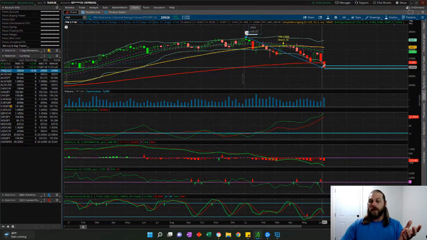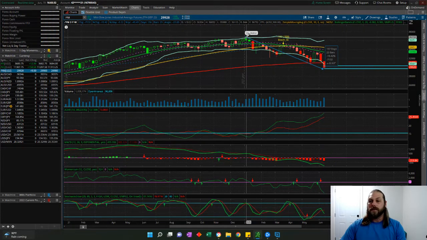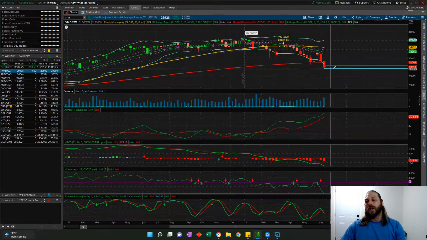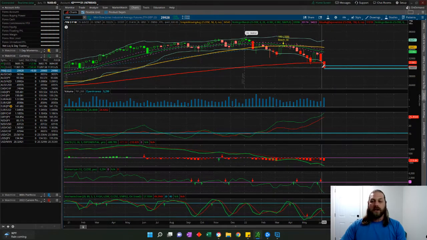However, where's the bottom? If you wanted to play the bottom game, this is why they say it's extremely hard to find the bottom, because there's no way to tell which support is going to hold. This is 19.53% down from the tops. So a dollar cost averaging strategy here might not be that bad, right?